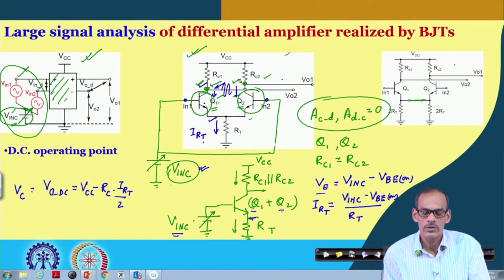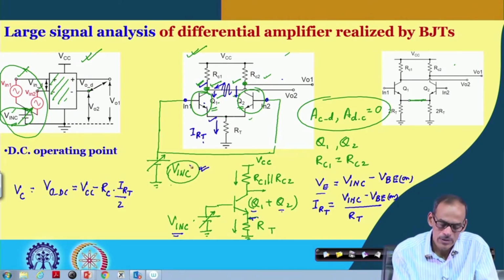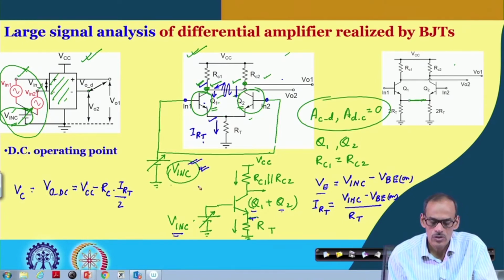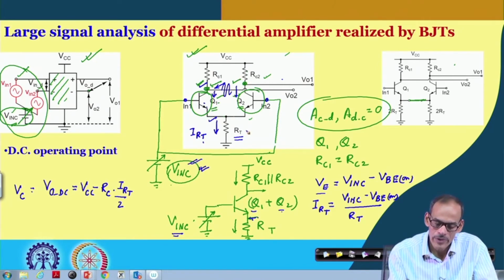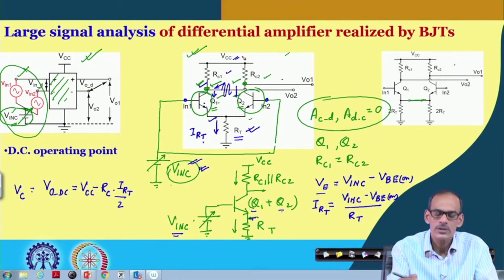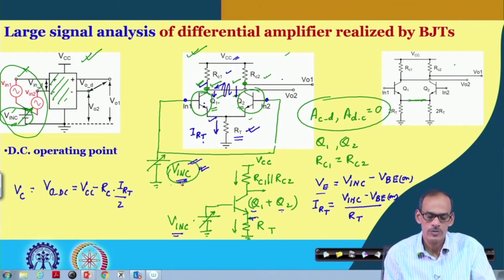The range over which this voltage is allowed is referred to as the common mode range, and in this case it depends on the values of R_T and R_C. Whenever we talk about numerical examples where we have values of R_T, R_C and the supply voltage, there we shall see the upper limit and lower limit of this input common mode voltage.